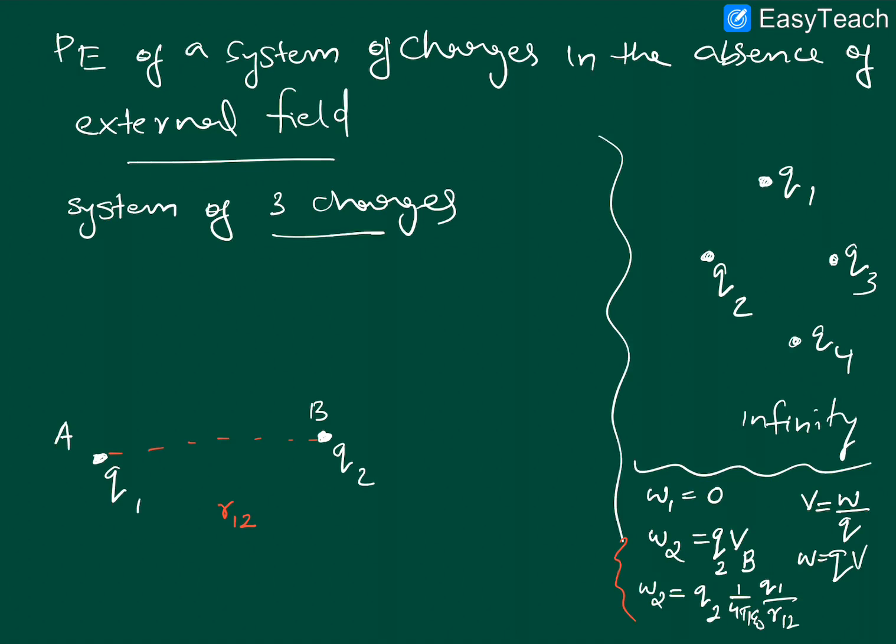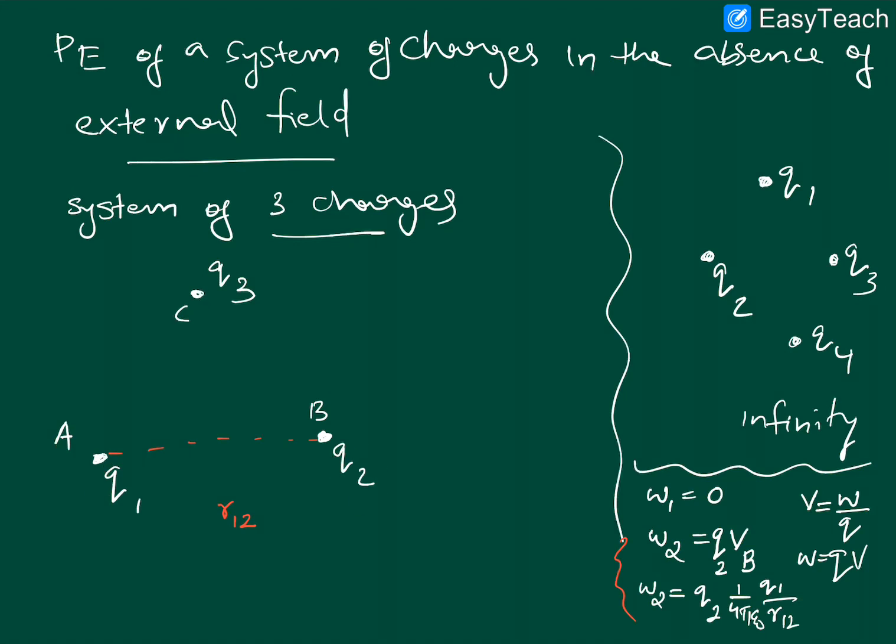Now you got 2 charges, but your system is having 3 charges. So next you will bring the third charge Q3 from here to here. So I am bringing Q3 at this point, which is C. When you bring Q3 to C, it is again not an easy process, because already there are 2 charges, Q1 and Q2.